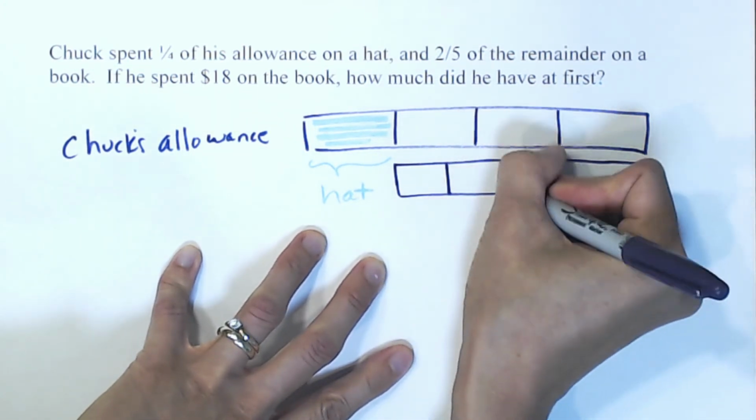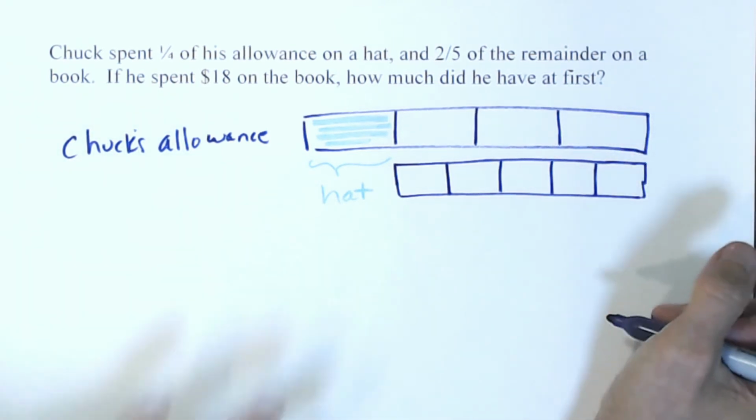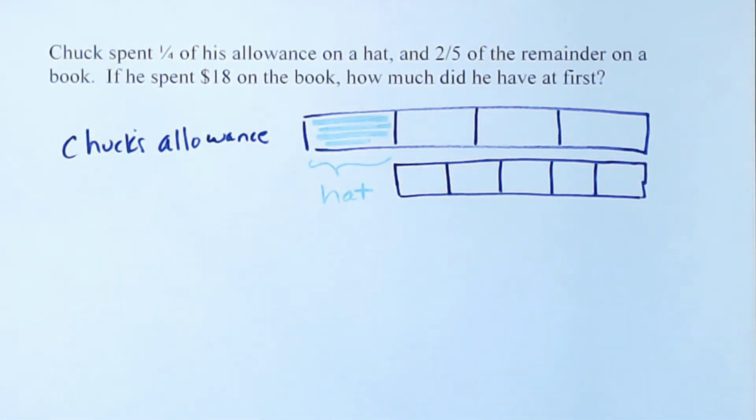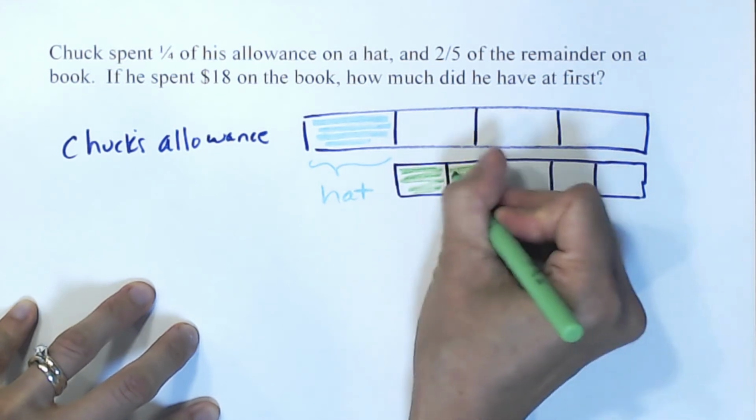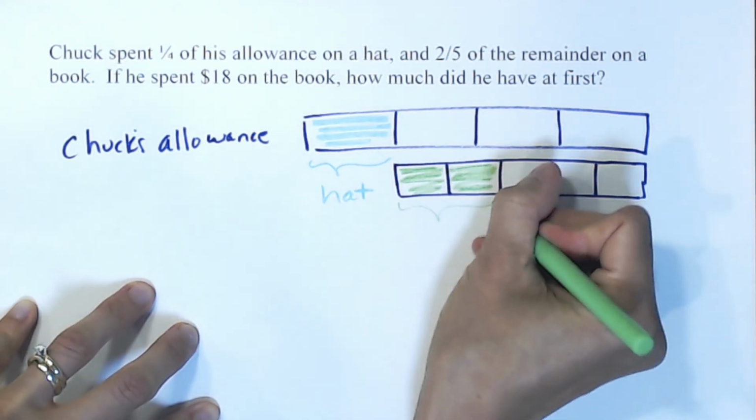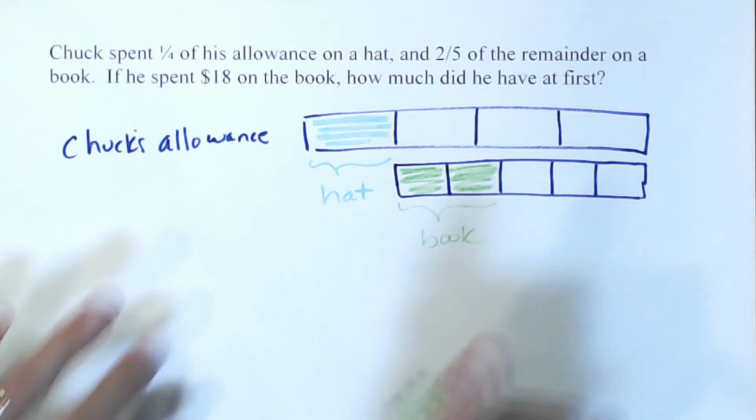So 1, 2, 3, 4. And then 2/5 he spent on a book. So let's show that. Book.